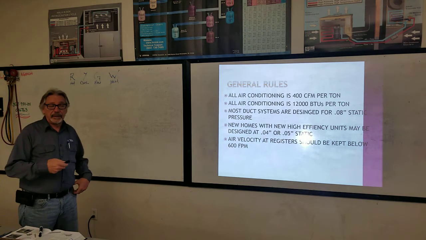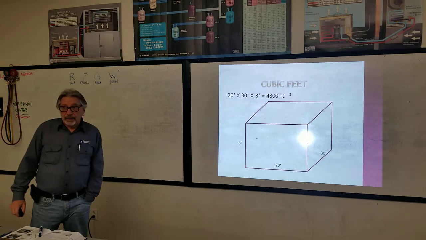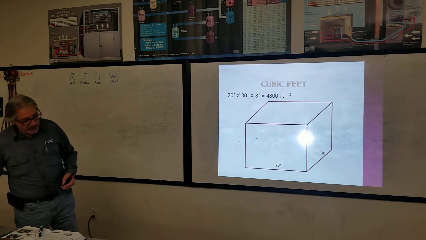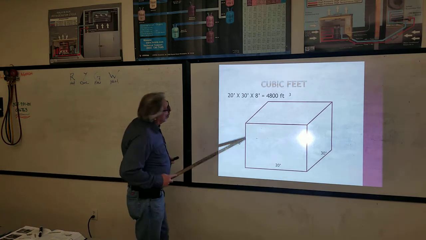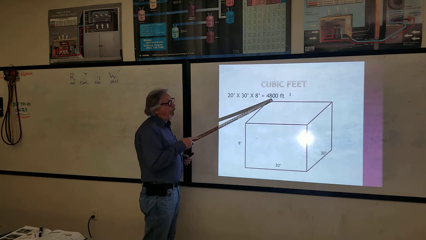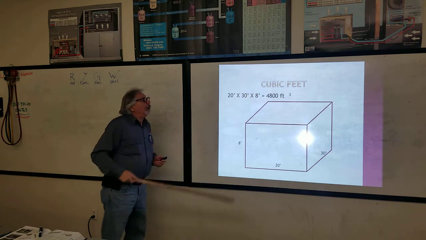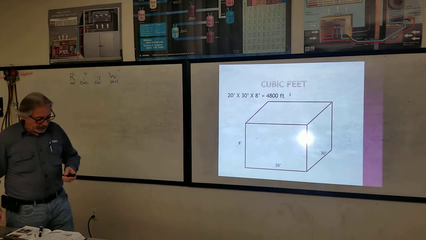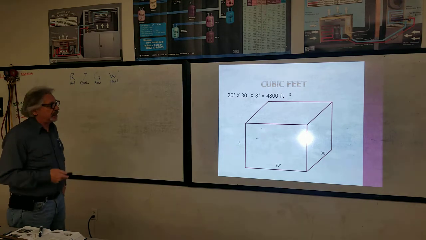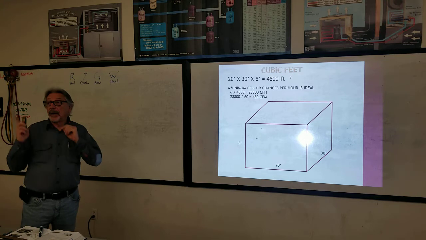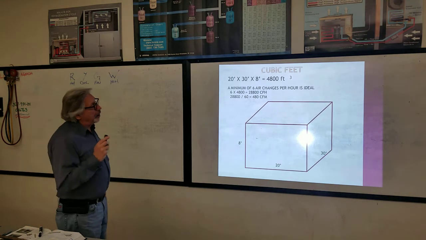Are you ready? Oh, look at that. Cubic feet. Okay, so our example, at 8 foot tall, we have cubic feet of what? 4,800 cubic feet, right? So we're looking at cubic feet as far as sizing equipment. Why would we need to do that? To make sure we have the right size AC unit for the house.